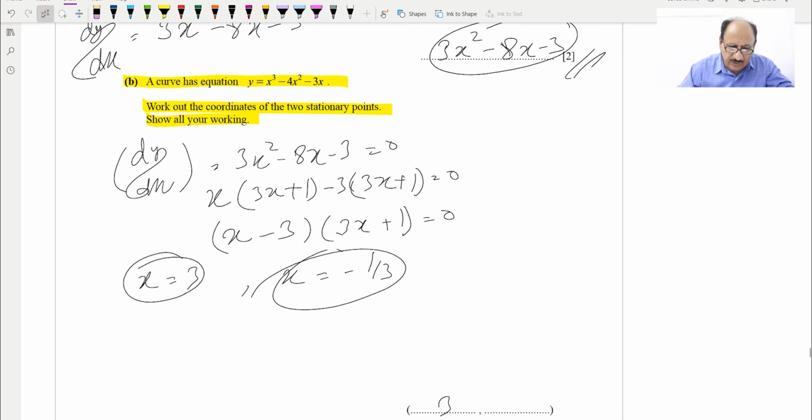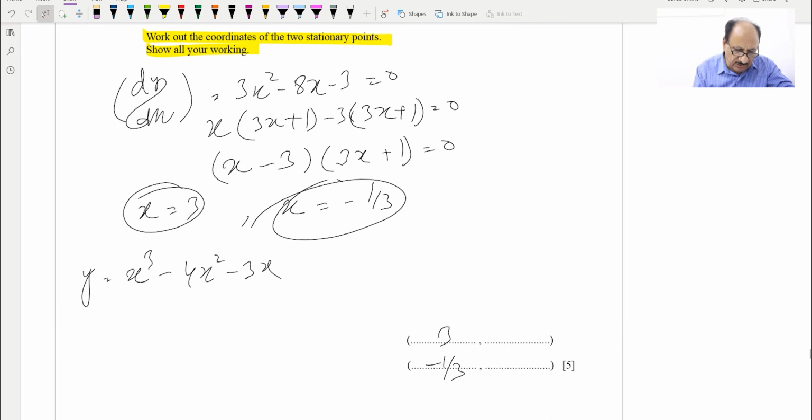Now we will replace these in y, and y is what? y = x³ − 4x² − 3x. In this one we will replace 3.